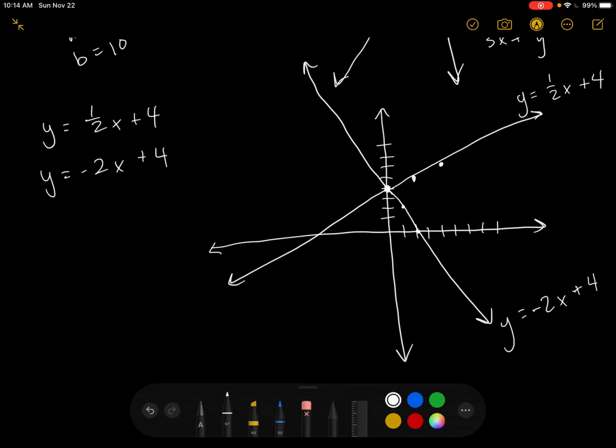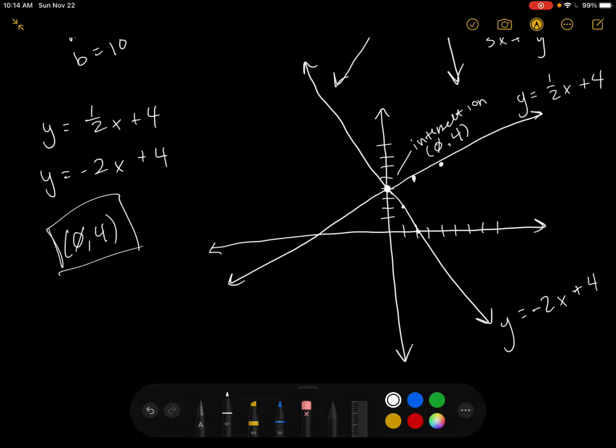I chose this one because luckily they just intersect right here, right? And that point is 0, 4, right? So my answer would just be 0, 4, the point 0, 4.